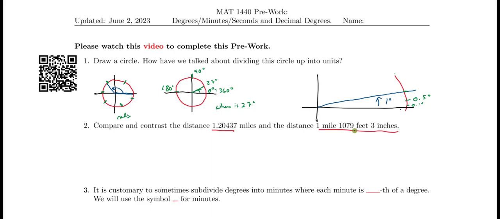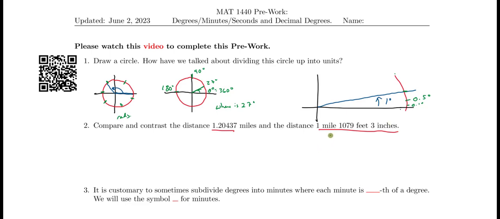And here we take out 1 whole mile, but then we subdivide the fraction of a mile into new units. In this case, the new units are feet. And then we take whatever feet we have left over, if we don't have a whole foot, and we subdivide the foot further into this smaller unit of measurement called inches. So that's the connection in what we're doing here.